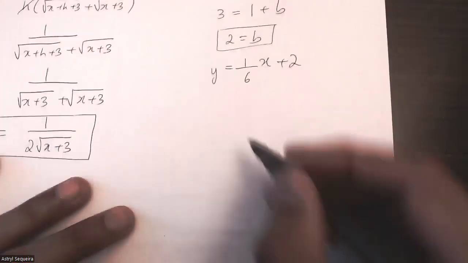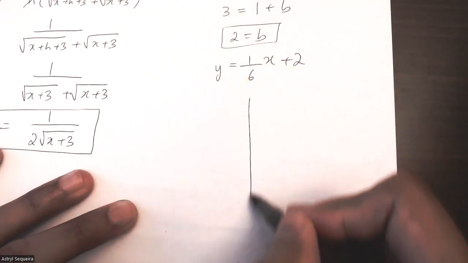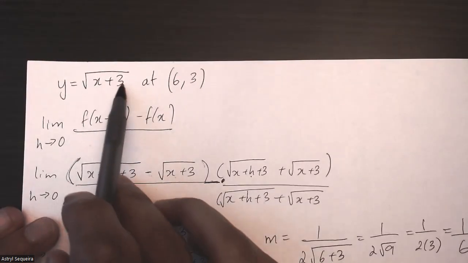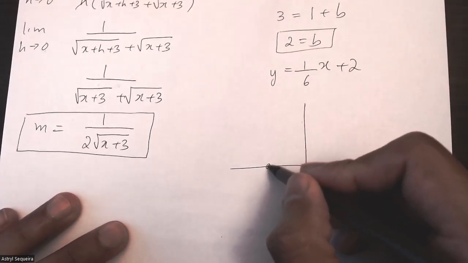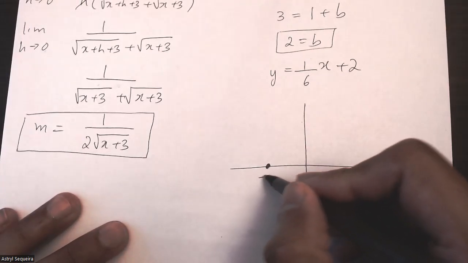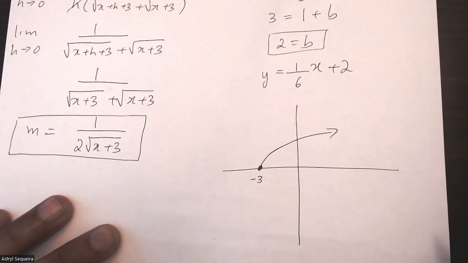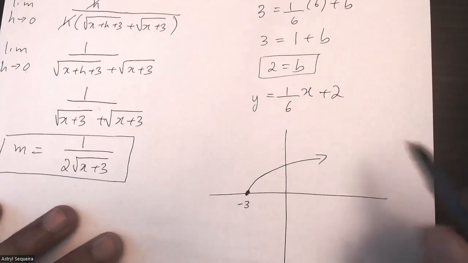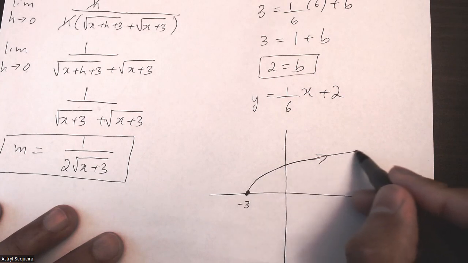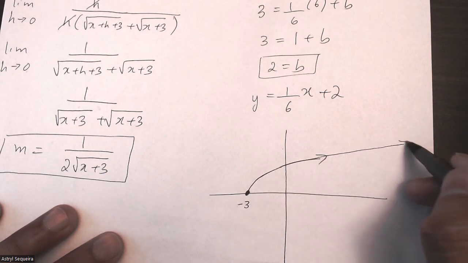Do a quick sketch of this situation as well. So we know root of x plus 3 is just a square root function that's been shifted left by 3 units. There's no reflections. The starting point moves to negative 3, and it goes in the regular direction. Should probably extend this a bit more because the point is a bit further out.